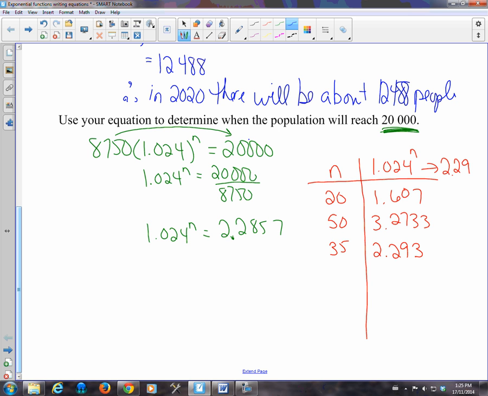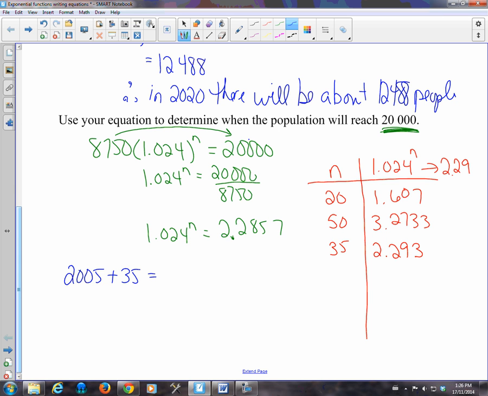That means use your equation to determine when the population will reach 20,000. It doesn't mean that in the year 35 it'll reach 20,000. Remember, because we started with the year 2005, that means that in 35 years there will be about 20,000.